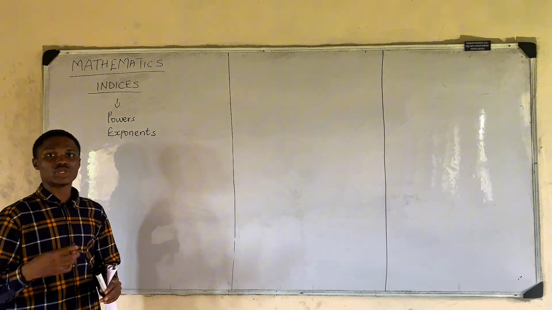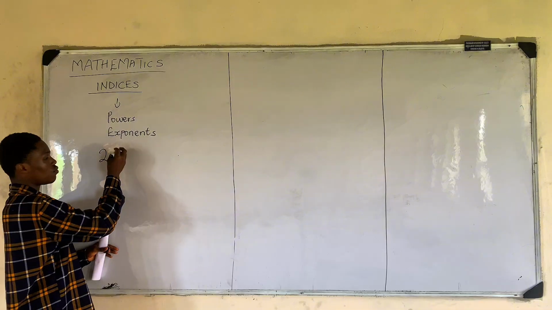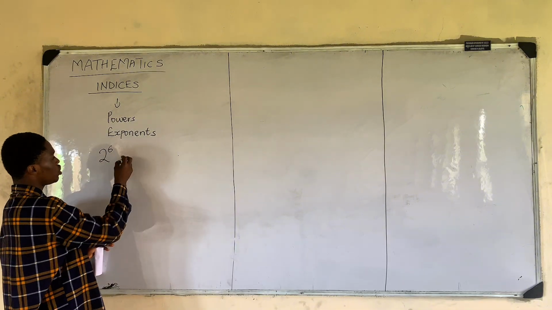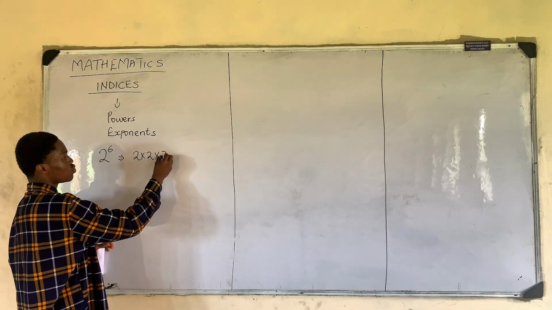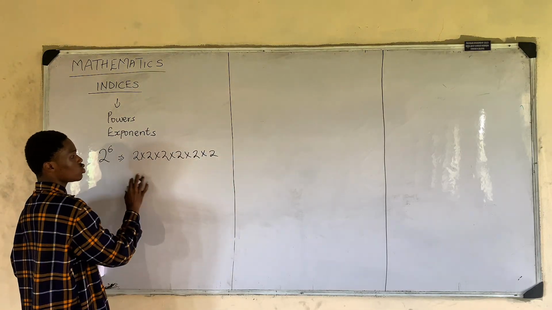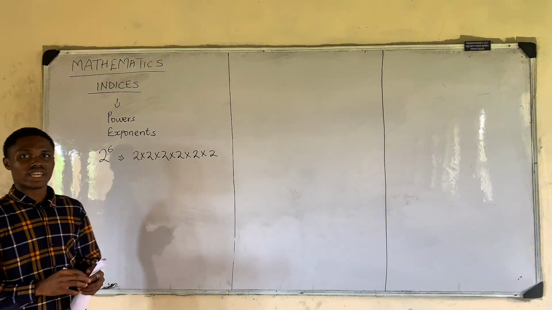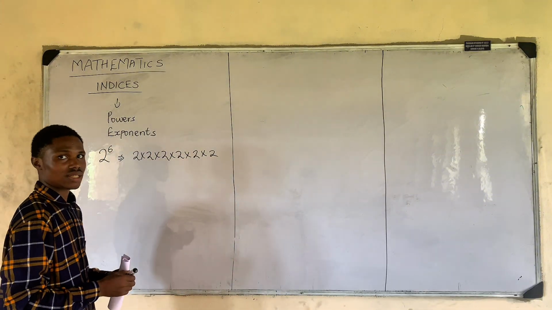if you want to represent it using indices, you write it as 2 to the power of 6, which implies 2 times 2 times 2 times 2 times 2 times 2. How many 2's are here? There are 6. So this is indices.